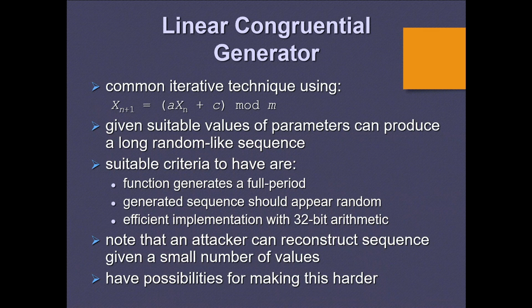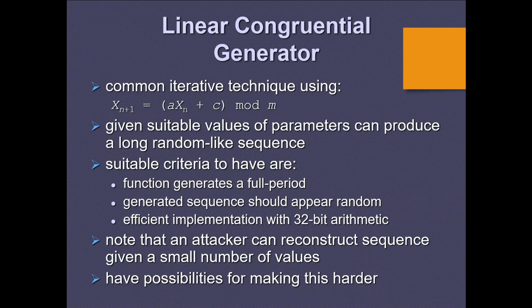It uses suitable values of parameters which can produce a long random-like sequence, but there are only a small number of such good choices. Note that the sequence, whilst looking random, is highly predictable, and an attacker can reconstruct the sequence knowing only a small number of values.